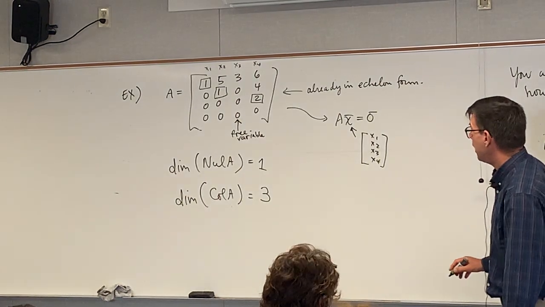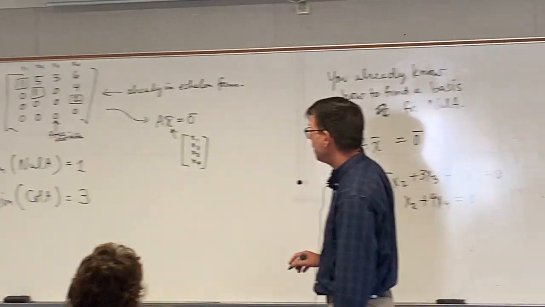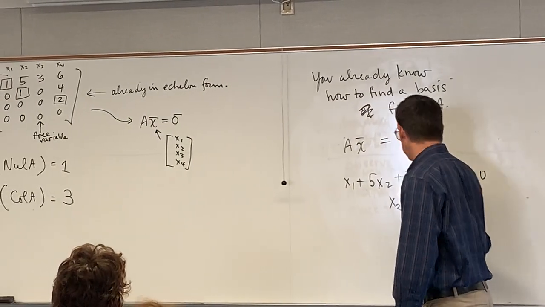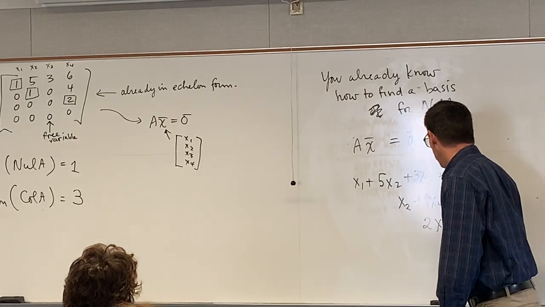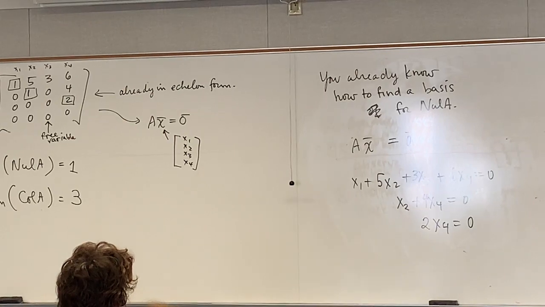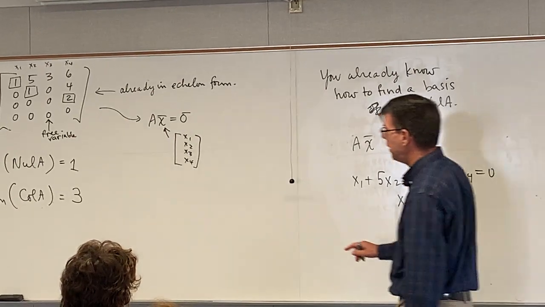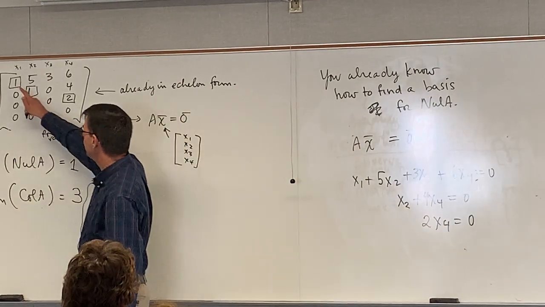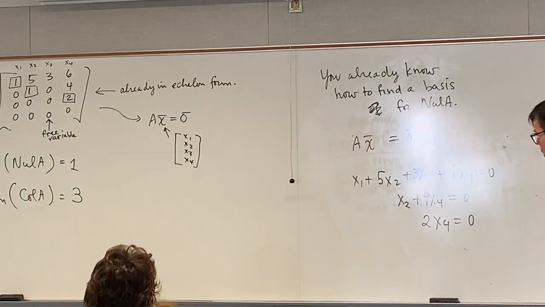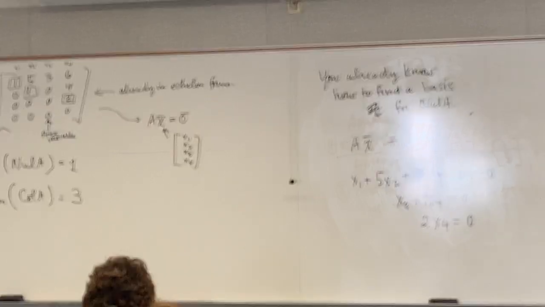I have just 2x4 equals 0, right? So I'm just going ahead and writing out the Ax equals 0 components as it stands right now.